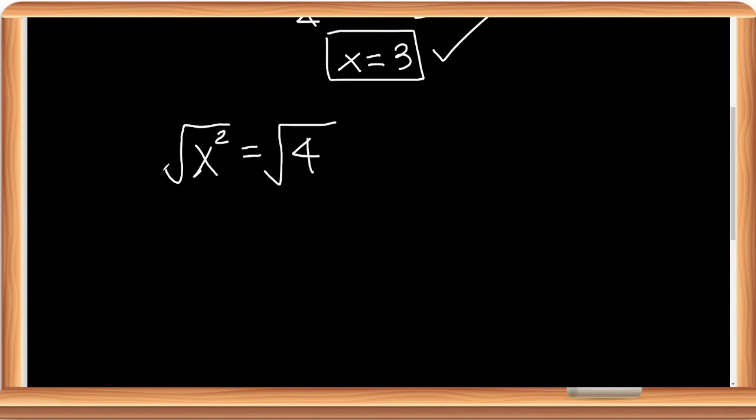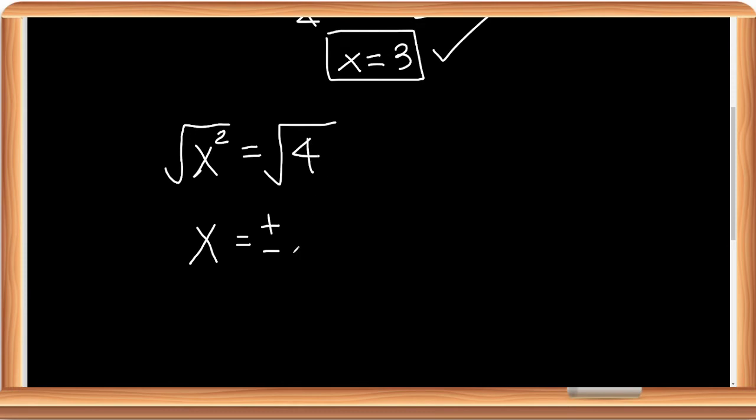Okay? The square root of any squared number, just like this one, the square root of x squared is equal to x itself. And here, any square root has a positive and negative value. So, ano ba ang number na pag minultiply mo sa sarili will give you 4? 2, ma'am.